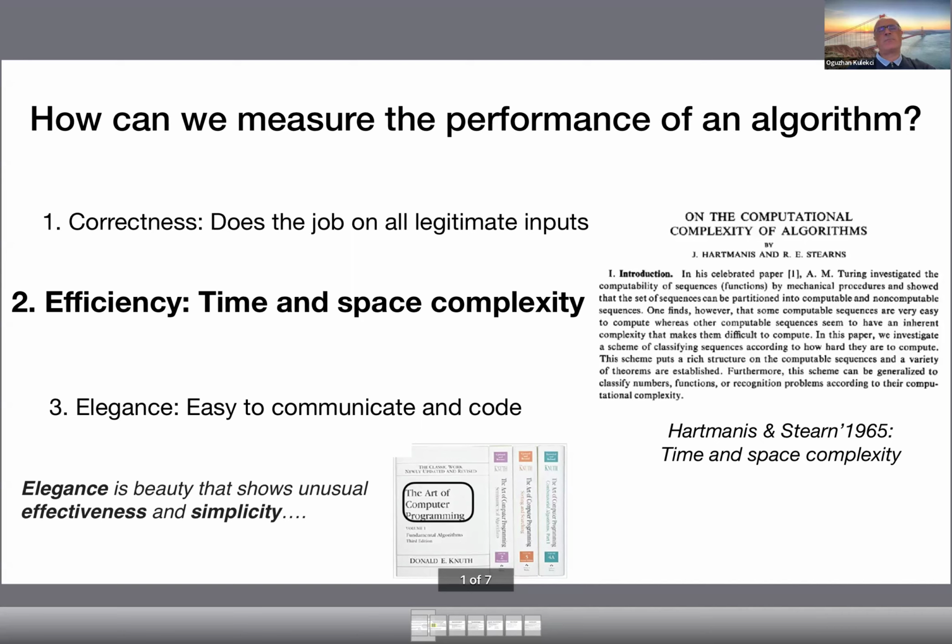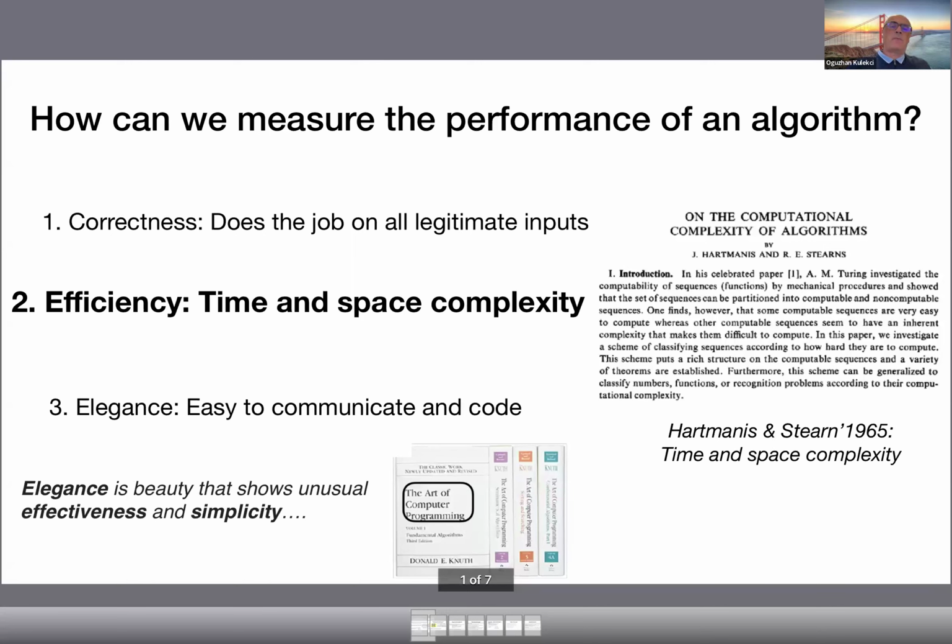With minimal resources, generally we mean minimum memory. These days, energy is also in play, but we do not have a mathematical model yet to measure energy efficiency. So we still go on with the early definition of efficiency, which is based on time and space complexity. We will be mostly talking about time and space complexity in this course.